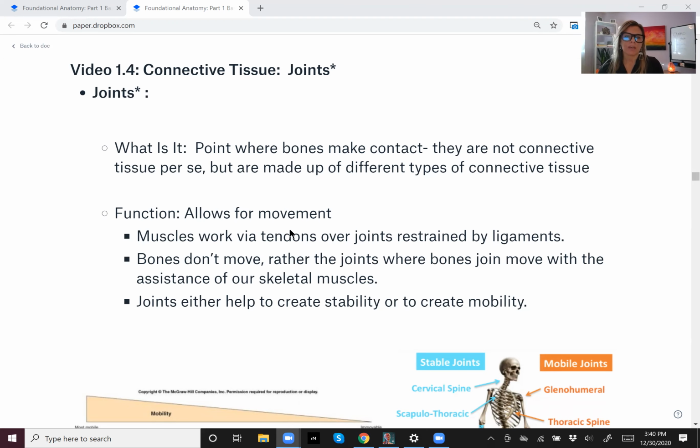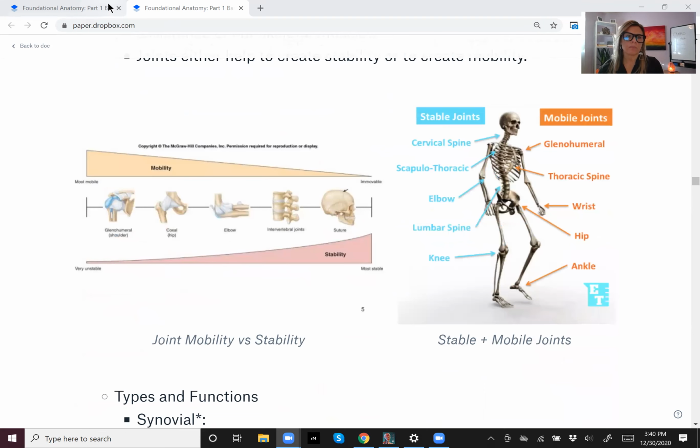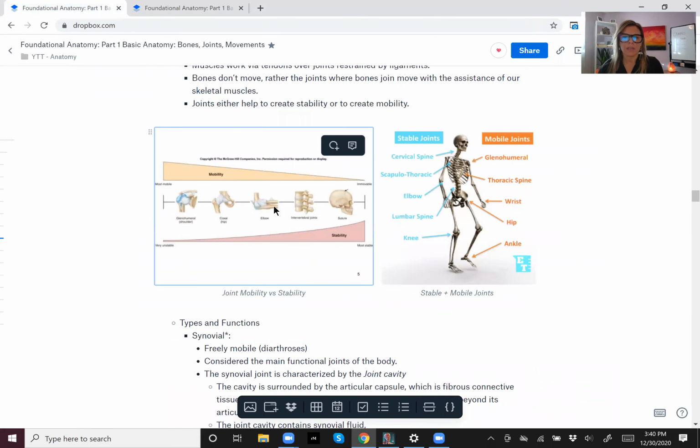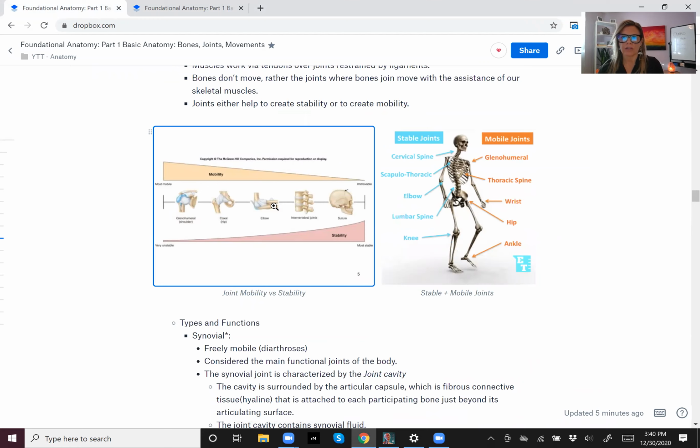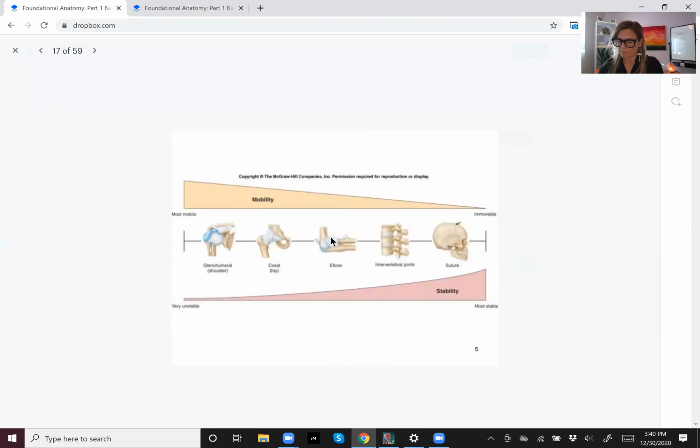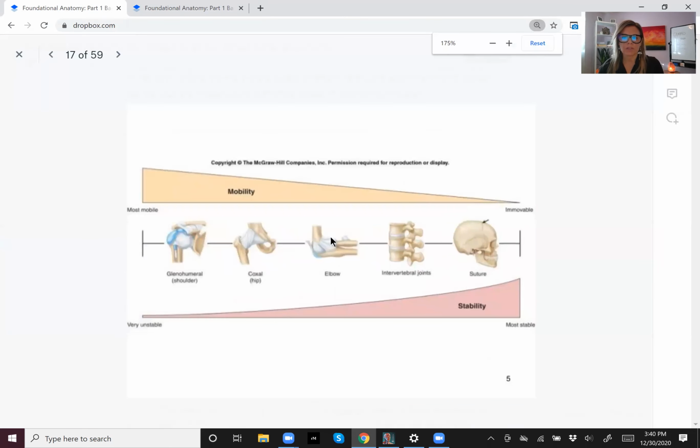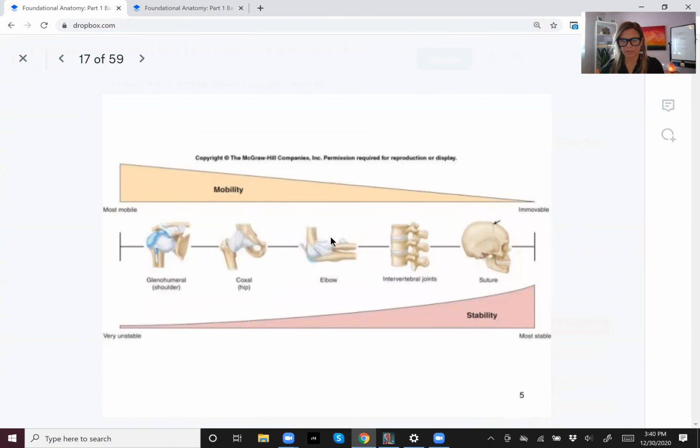So we'll take a peek here. I gotta flip over to this one. And I want to just look at this really nice graph. Make it a little bit bigger. So this is a spectrum of mobile to stable joints.